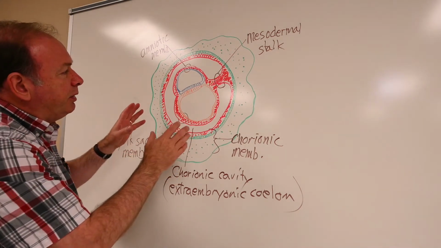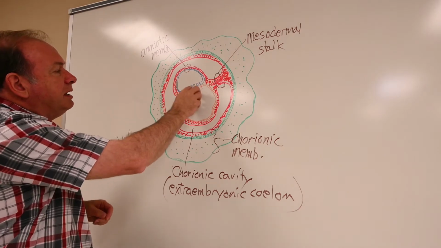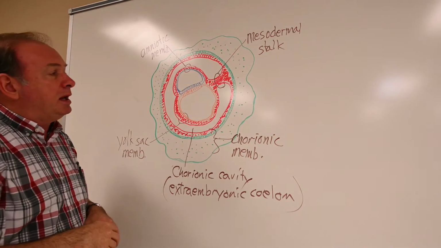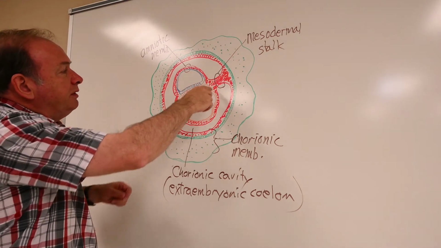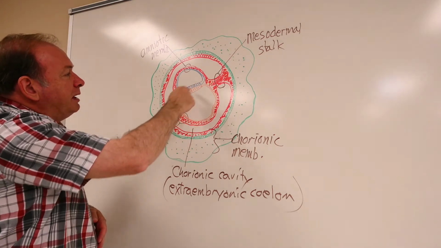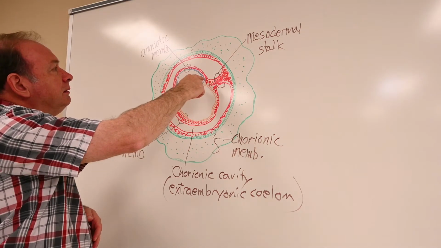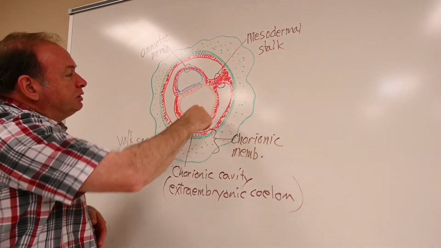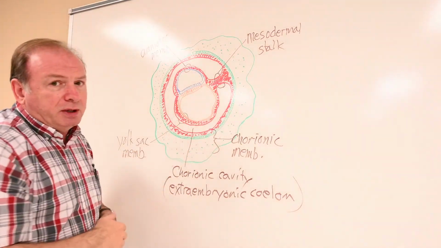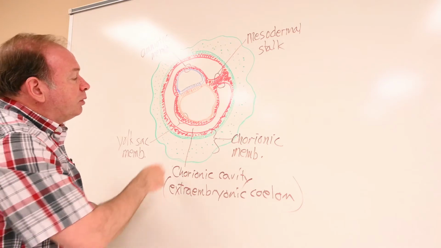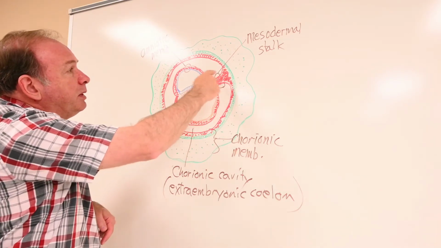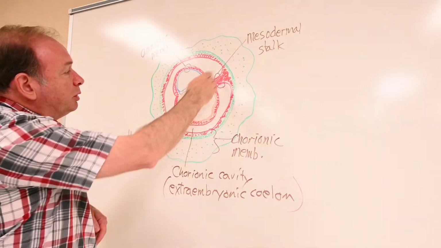As the embryo starts to grow up and into the amniotic cavity, the body will grow and eventually push the layers of mesoderm around the amnion and the yolk sac. They will be pushed out against the chorionic mesoderm on the outside. So we have chorionic mesoderm, yolk sac mesoderm, amniotic mesoderm, and a mesodermal stalk connecting them across here.